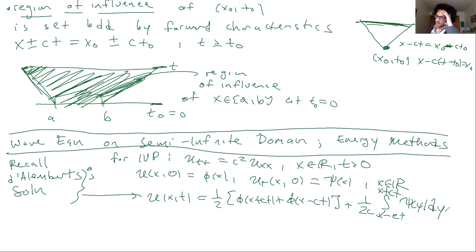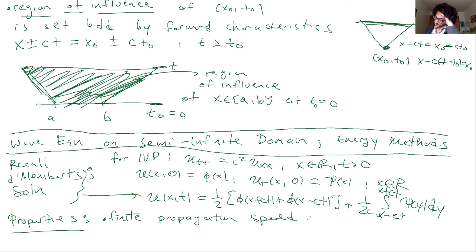Okay. And before we look at semi-infinite domains, let me mention just a few properties of this solution. Okay. Note that it has finite propagation speed. Okay. So remember up here, right? If something is happening here, the soonest that this location in x would hear about it, or this location in x would hear about it, is given by some finite amount of time.